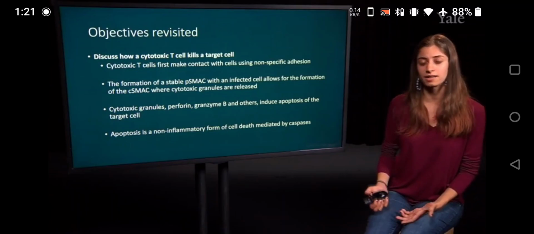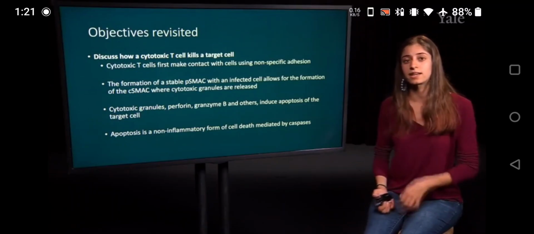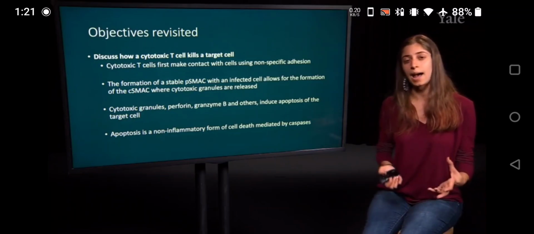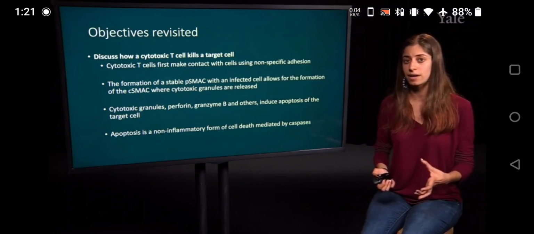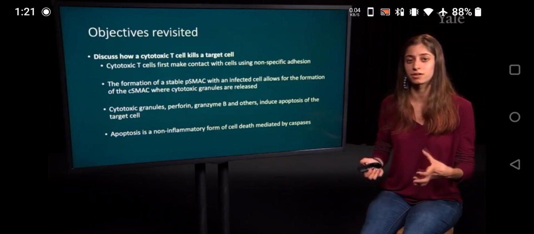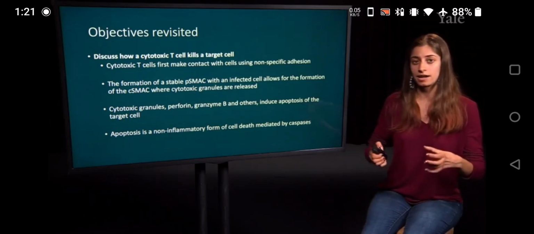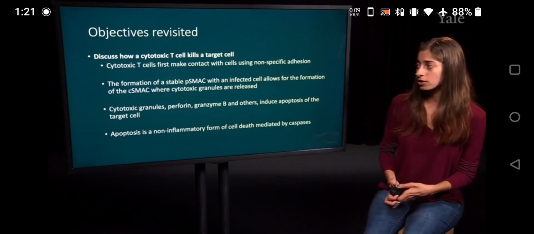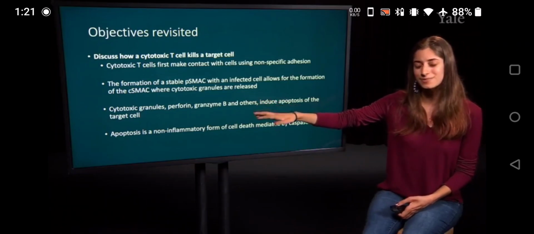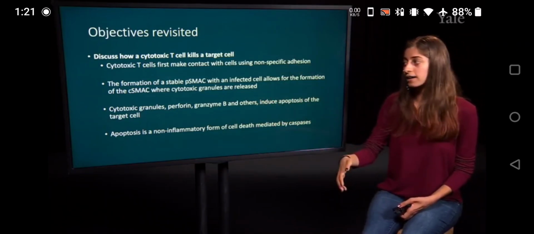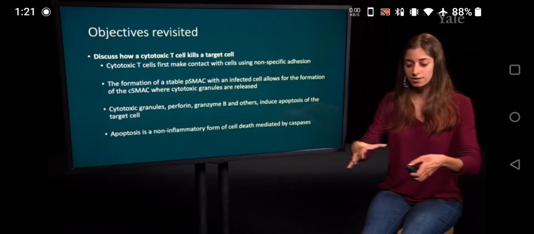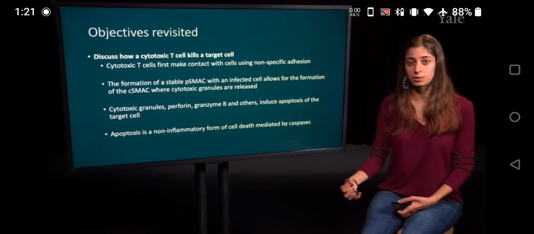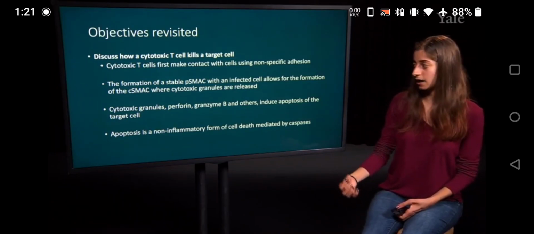And finally, our last objective was to discuss how a cytotoxic T cell kills a target cell. We learned that in order for this to happen, the cytotoxic T cell must first make a very complex interaction with the infected cell via a complex called the SMAC. We also learned that the formation of a stable P-SMAC, or peripheral SMAC, allows for the opening of a space in the center of that interaction where cytotoxic granules can be released to directly kill the targeted cell.